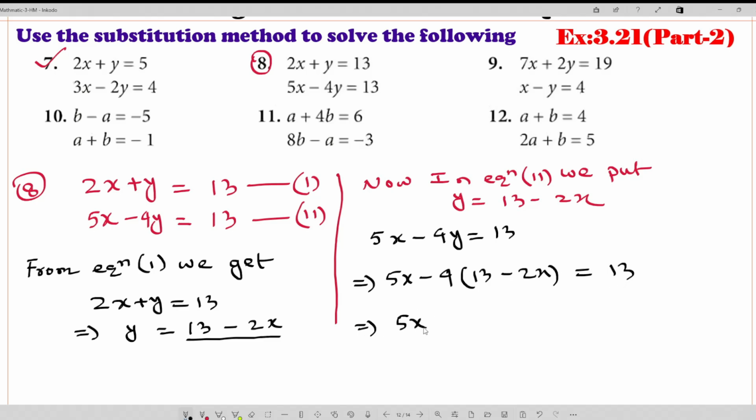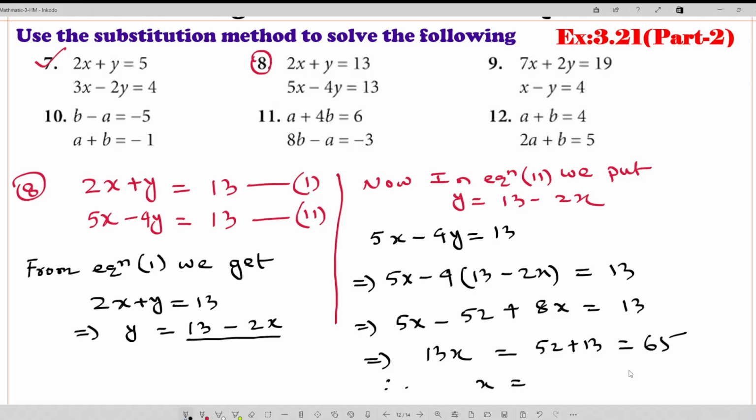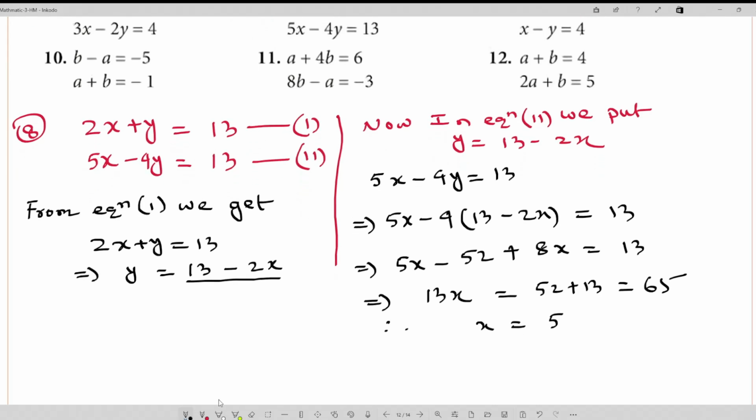So 5x minus 52, minus and minus it will be plus, 4 times 2 is 8x, equals 13. So 5x plus 8x will be 13x equals 52 plus 13, it will be 65. So x equals, once we divide both sides by 13, we will get 5, because 5 times 13 is 65. So we get x equals 5.